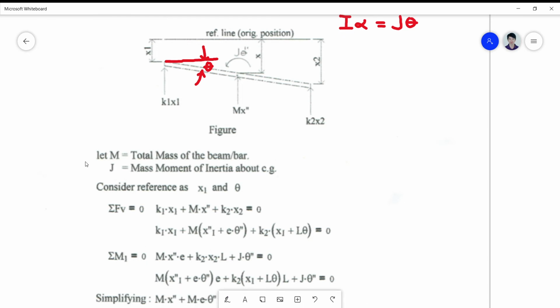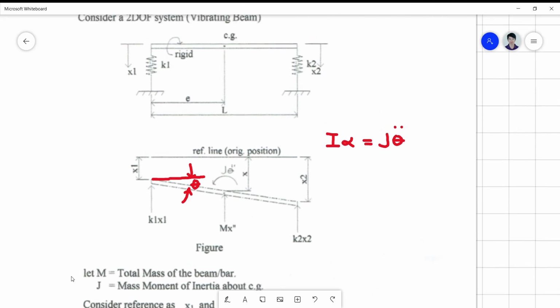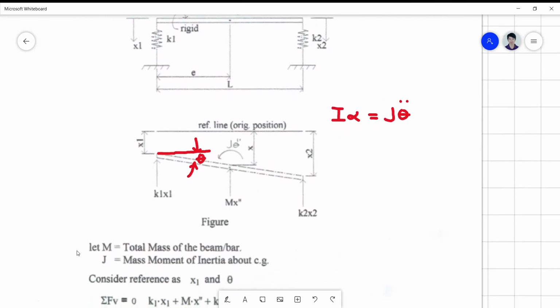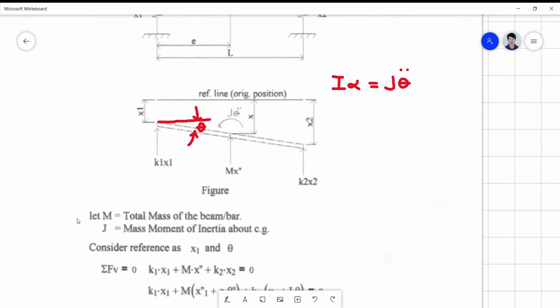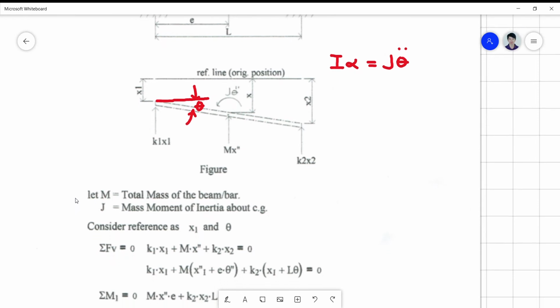So what is that eccentricity? The eccentricity is simply the location of the center of gravity of your bar element reckoned from one of the spring supports.